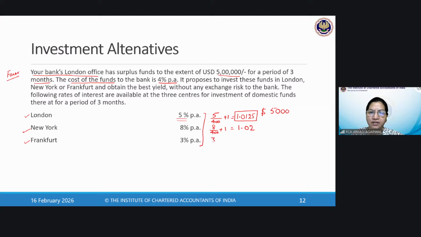And Frankfurt will be 3 divided by 400 plus 1, so this will give us 1.0075. So if the investment is made in Frankfurt, multiply by 1.0075 to get it in euros. If it is made in New York, 1.02. And if it is made in London, 1.0125.